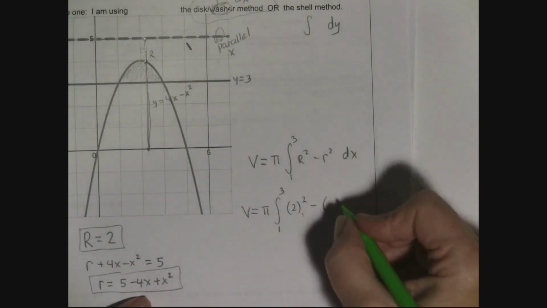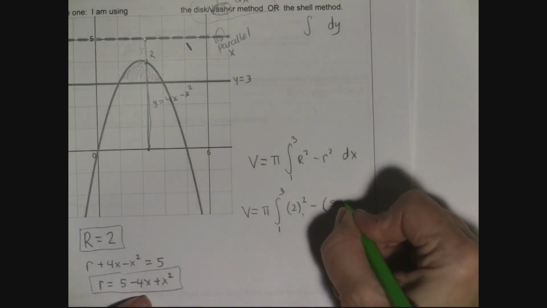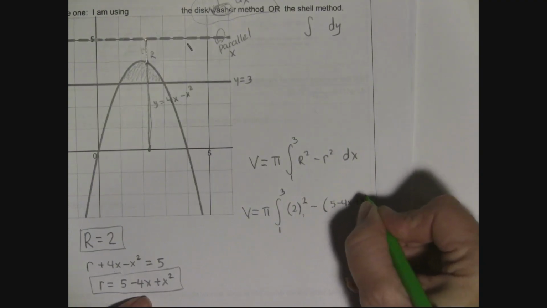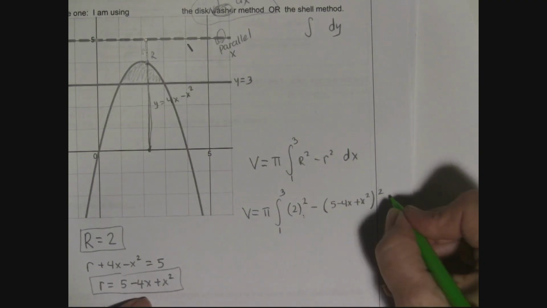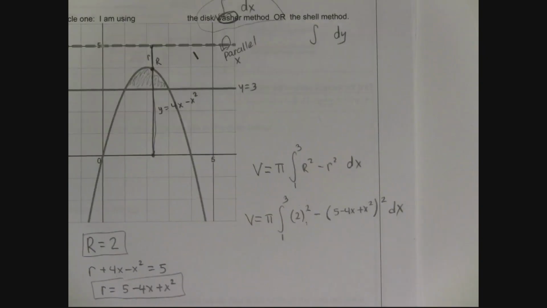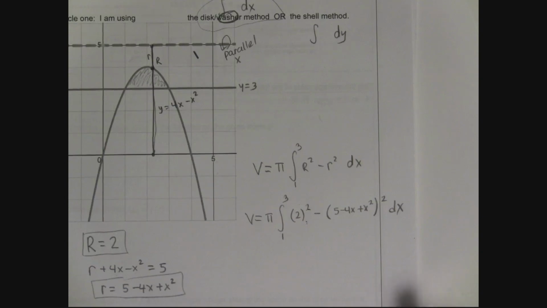Little r is 5 minus 4x plus x squared, dx. And then that would be set up. And so you don't have to multiply all of that out, because the idea is just having to set it up, to save you time and be done.